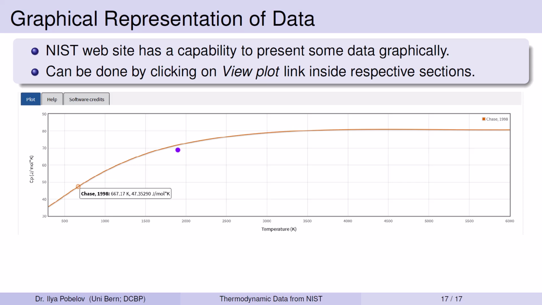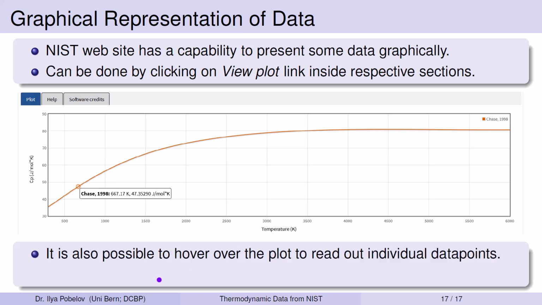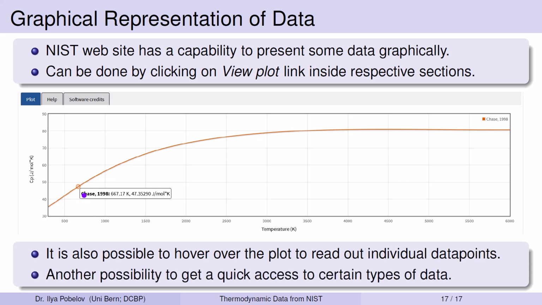This plot provides an overview of data. It is also possible to hover over the plot to read out individual data points. This can be another possibility to get a quick access to certain types of data.